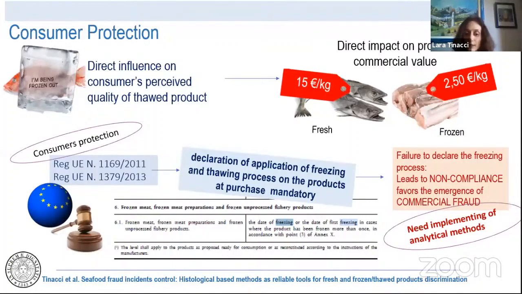The lack of such indication, in addition to leading to non-compliances, can of course favor commercial fraud phenomena. This said, the implementation of analytical methods specifically addressing the discrimination of fresh and frozen products is needed.